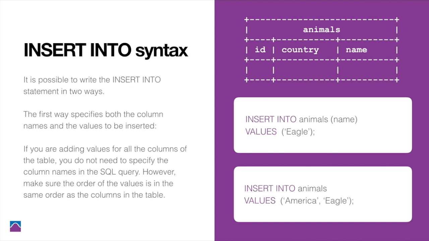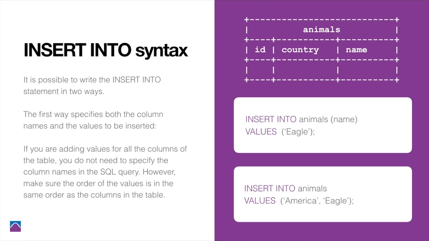The insert into syntax. It is possible to write insert into statements in two ways. The first way specifies both column names and the values to be inserted. So in this example, if we had a table called animals, we have 3 fields: ID, country, and name. It's a blank database. There's no information in it.